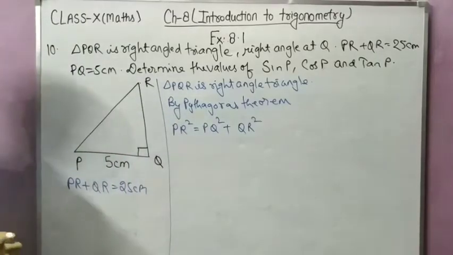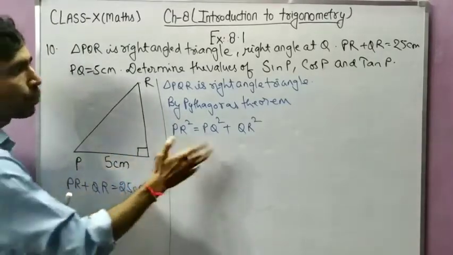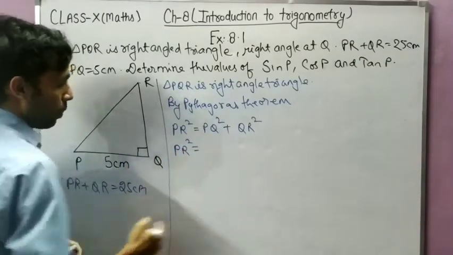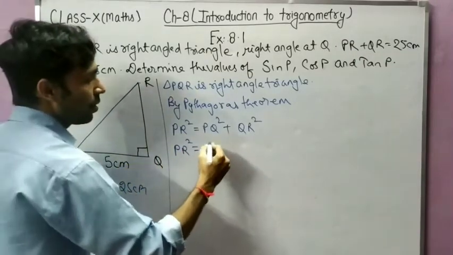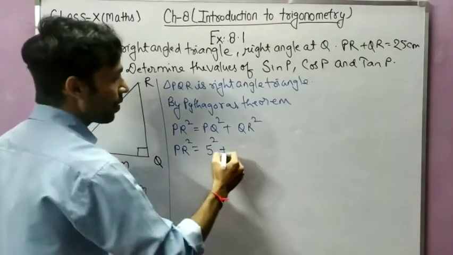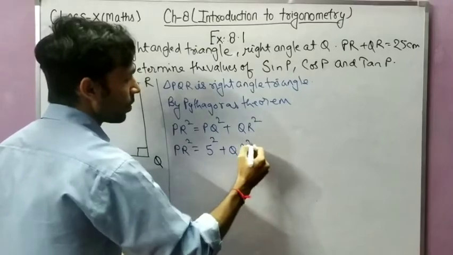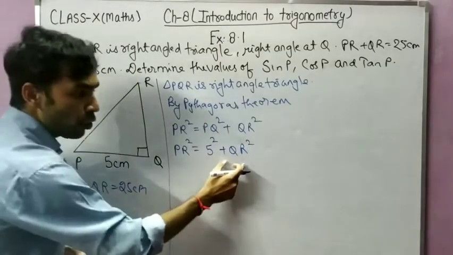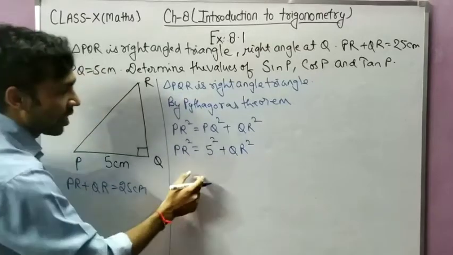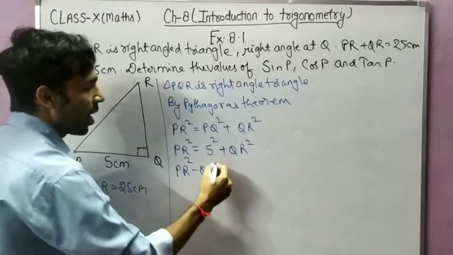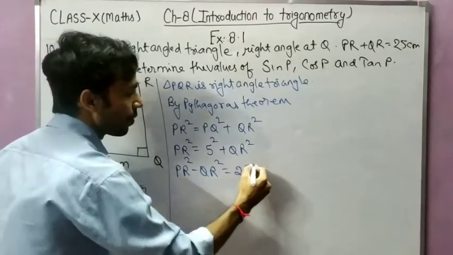Now, whatever value you know, just put the value. So PR square we don't know. PQ we know, that is 5 square. And QR we also don't know. Now what you do, you transfer this QR square to this side. So we can write PR square minus QR square equal to 25.